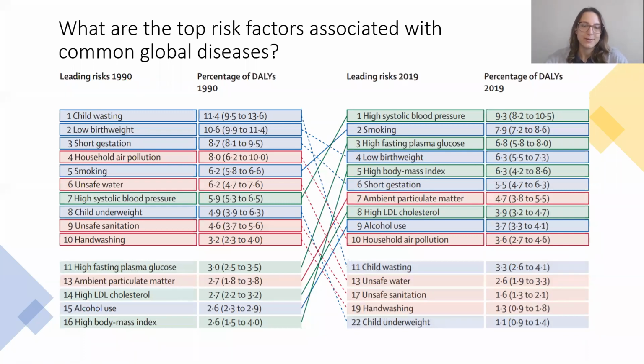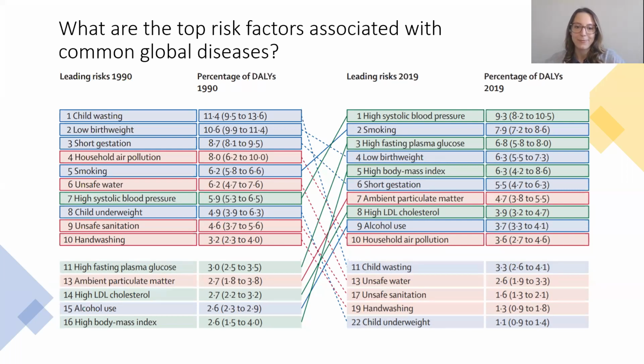So what are the top risk factors associated with a lot of those diseases that we saw on the previous slide? Well, you can look at this from one perspective as a change in time, because there have been some pretty substantial changes over time as to what causes those diseases that we talked about. So for example, about 30 years ago, back in 1990, child wasting, low birth weight, short gestation, right?